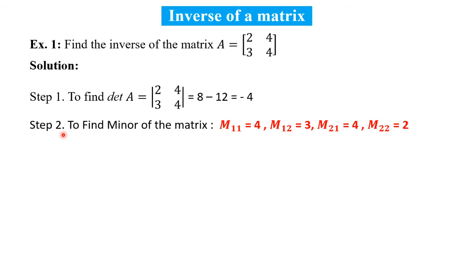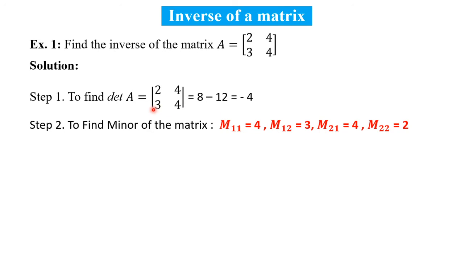Then step number 2. To find the minor of the matrix, we have to find M11. That means delete first row and first column. The remaining element is the value of M11, and the remaining element is 4. Then M12. Delete first row and second column. The remaining element is 3, and this is the value of M12.